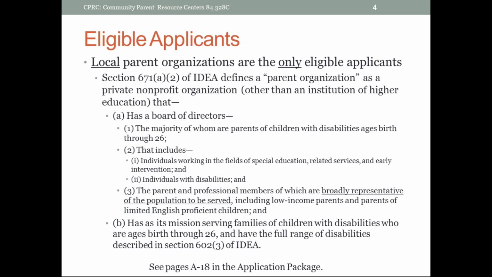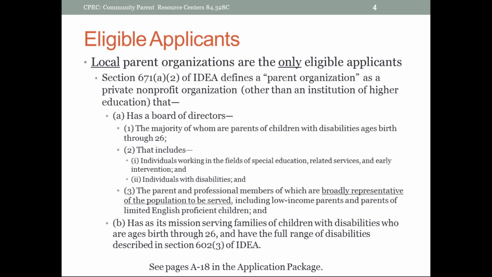The Individuals with Disabilities Education Act in Section 671 defines what a parent organization is, and it defines it as a private nonprofit organization other than an institution of higher education that has a board of directors, and of that board of directors, the majority must be parents of children with disabilities from ages birth through 26.